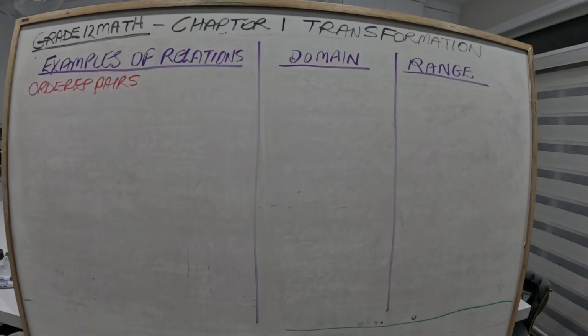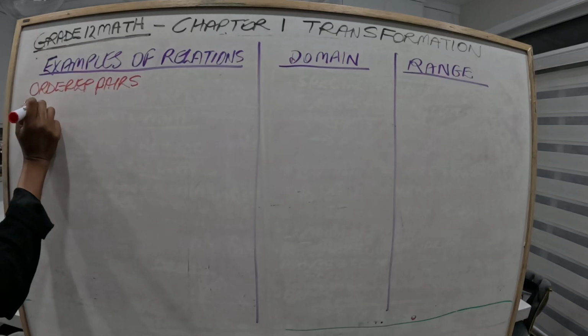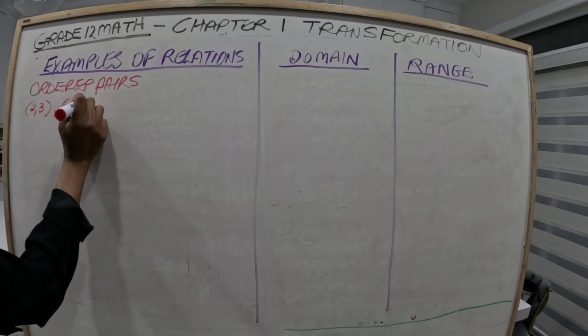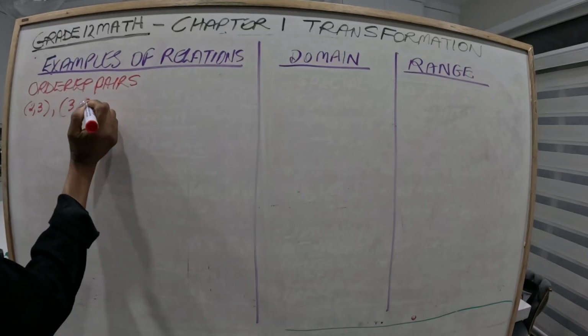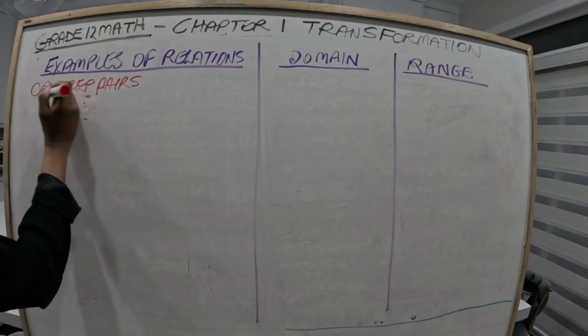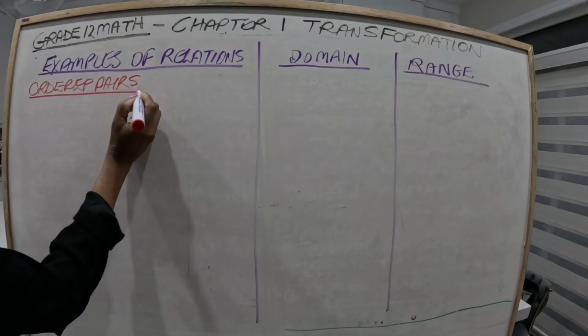Okay, so we have 2 and 3, 3 and 5. Okay, let me use a different color. That way it's easy to read. So we're going to call that ordered pairs.